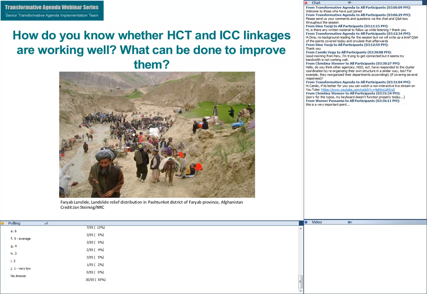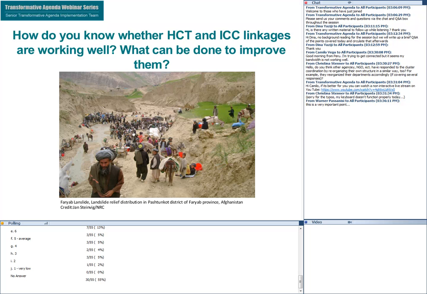So I think there's not a one size that fits all for any particular context, but certainly it is about identifying those. We are looking indeed in Afghanistan at more flexible, lighter models of coordination in the field.